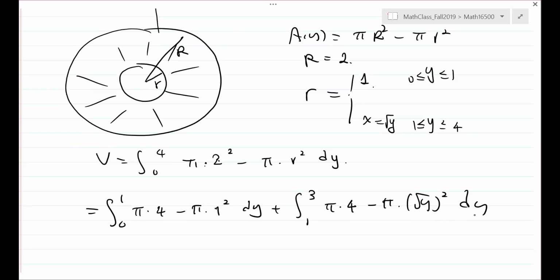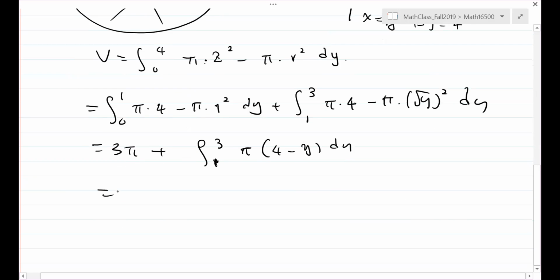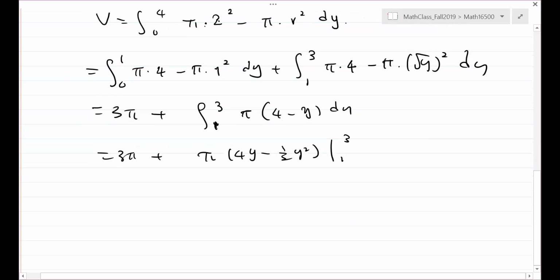Okay, let's finish it. So this part is 3 pi because 4 minus 1 is 3. And here the integral is 4 minus y dy. So the antiderivative of that is going to be pi times 4y minus half y squared. Let's finish this.